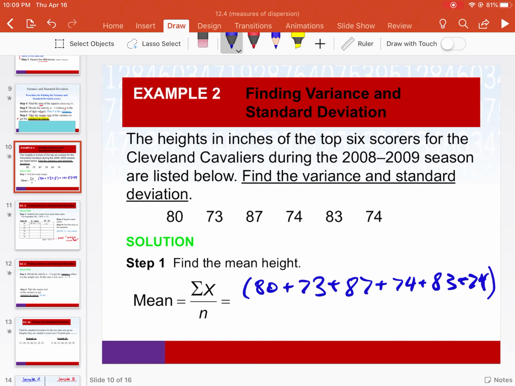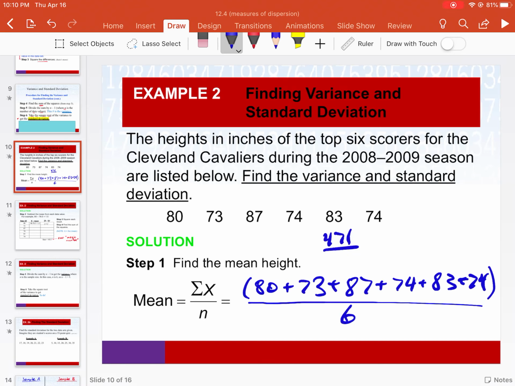And that is going to be divided by n, the number of data items, which is 6. Okay, so let's do it. You ready? So 80 plus 73 plus 87 plus 74 plus 83 plus 74, and that is 471.